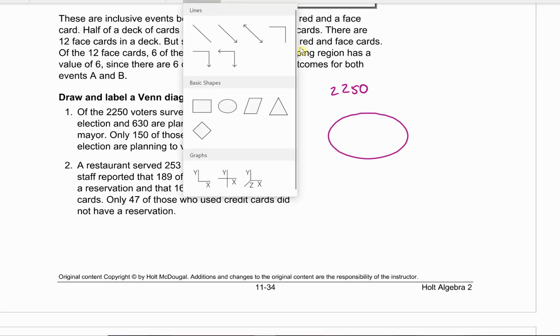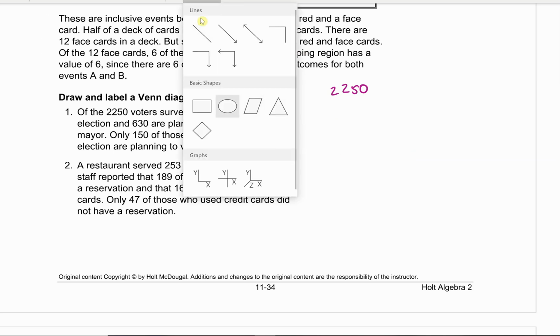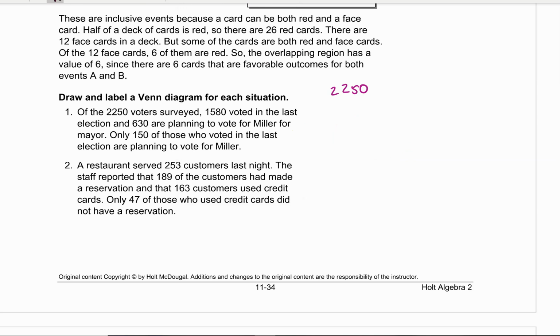I got to do it again. No. Forget it. I'll just draw my circles. Just want them to be nice and big. Alright, so that's even worse.